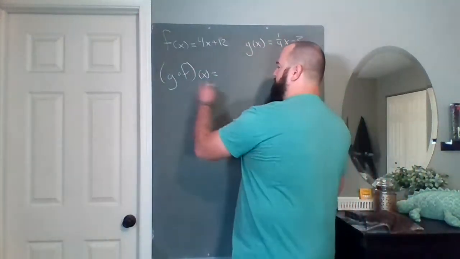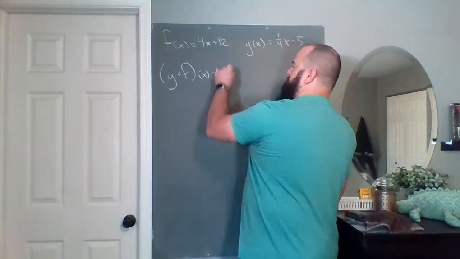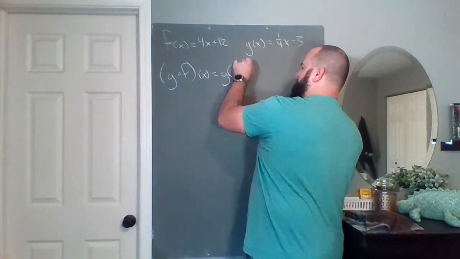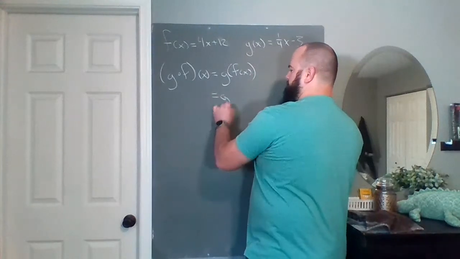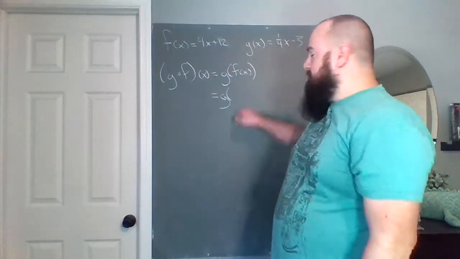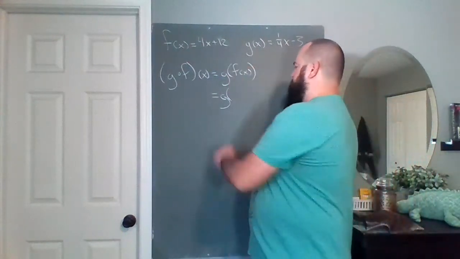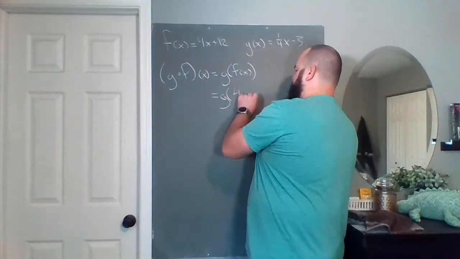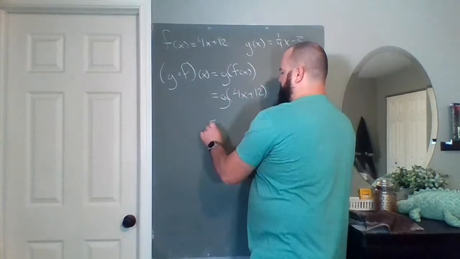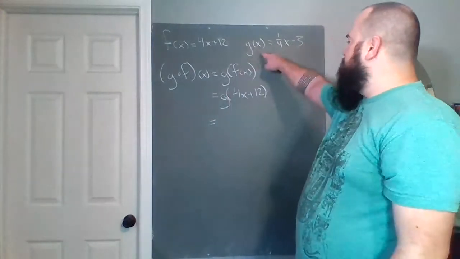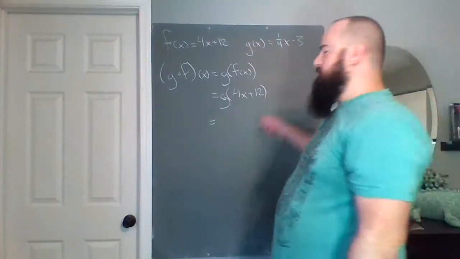So again, we start by rewriting from composition notation into that function notation. We replace our f of x with what it's equal to. And then we evaluate g when x is 4x plus 12.